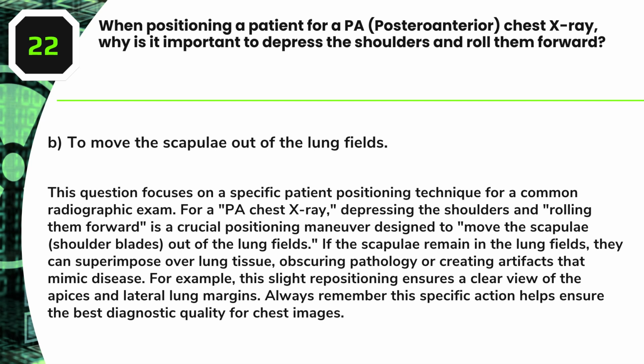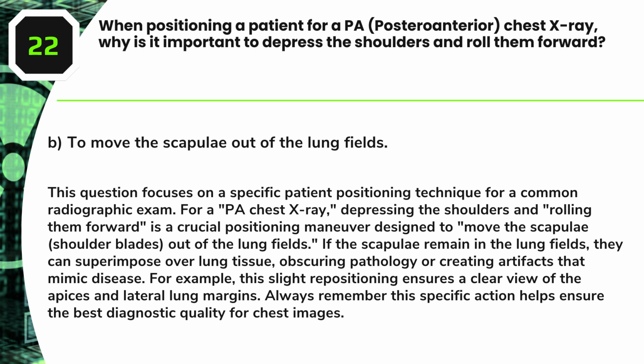Answer, B. To move the scapulae out of the lung fields. This question focuses on a specific patient positioning technique for a common radiographic exam. For a PA chest X-ray, depressing the shoulders and rolling them forward is a crucial positioning maneuver designed to move the scapulae, shoulder blades, out of the lung fields.